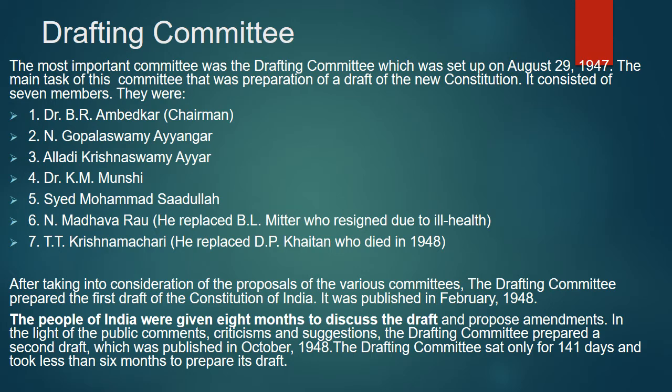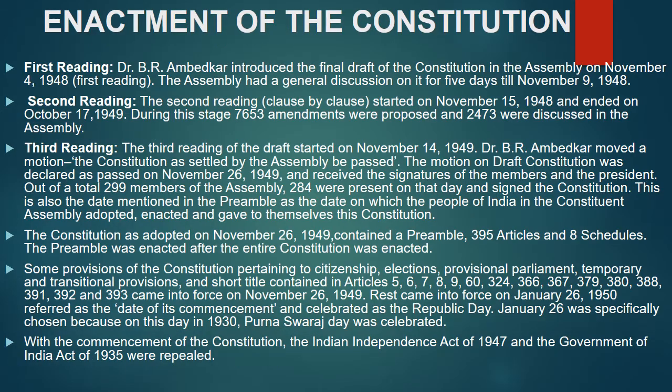In the light of the public comments, criticism and suggestions, the Drafting Committee prepared a second draft, which was published in October 1948. The drafting committee sat only for 141 days and took less than 6 months to prepare the draft. Dr. Ambedkar introduced this draft version in the Constituent Assembly on 4th of November 1948 for the first reading.